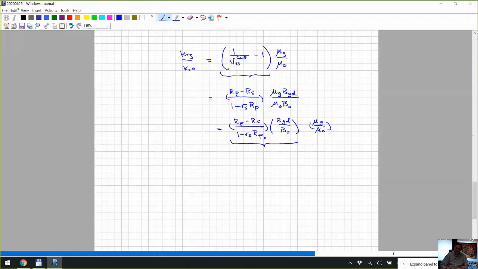That term there represents 1 over VRO minus 1. So that term is giving you what fraction is oil and what fraction is gas, indirectly. That's what that's giving you.